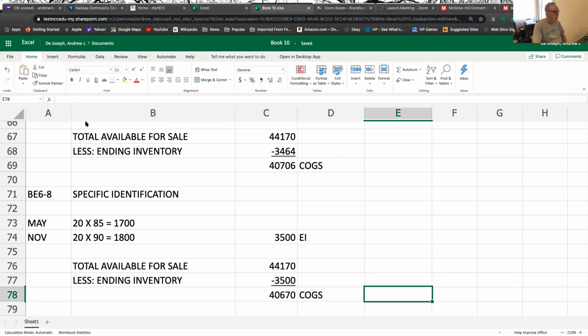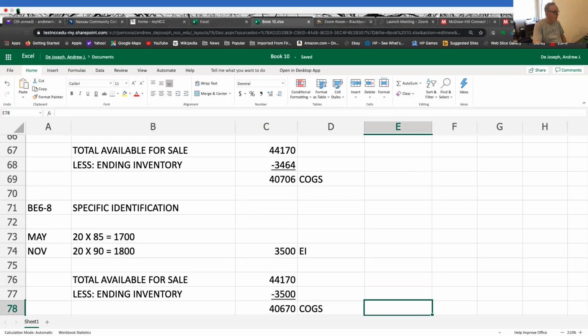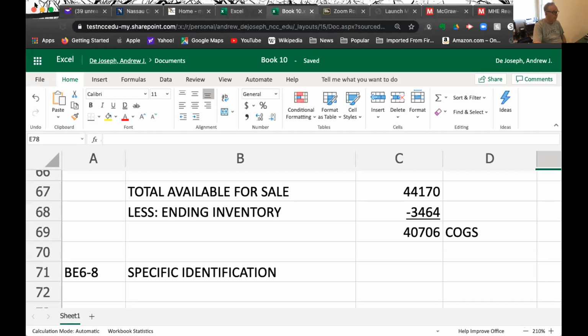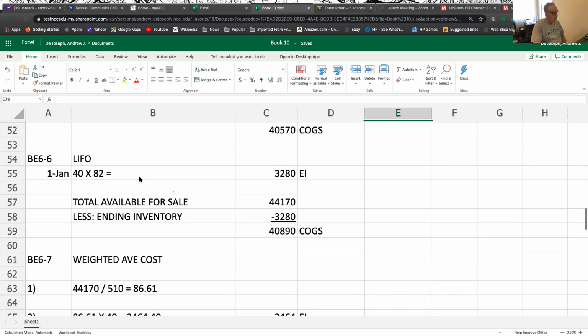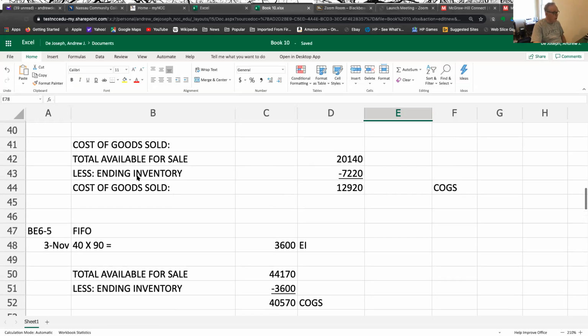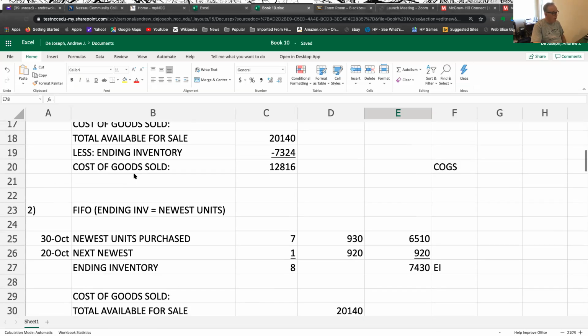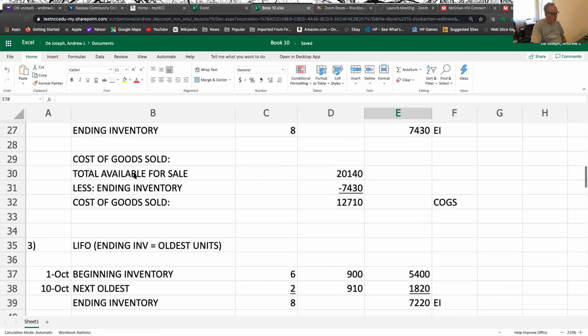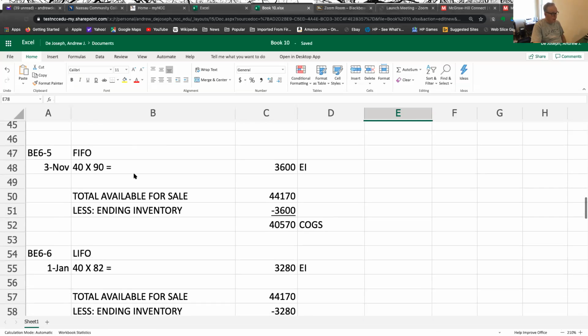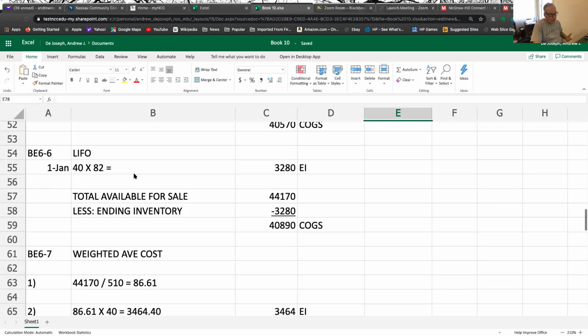Okay, so there you have it. That's inventory and cost of goods sold. We did the homework problem first, right? And now we just did these brief exercises, which was simpler because all the inventory was contained in one layer, right?